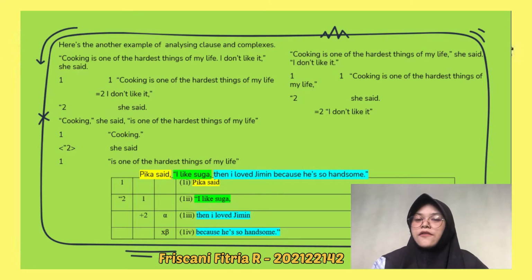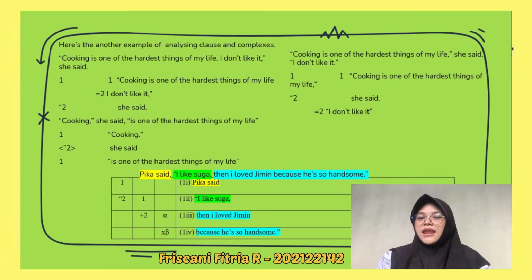Both of them appear at the beginning, so of course both of them have to be labeled as 1. And the next, "I don't like it," is connected to the first sentence. Then what is the reason for "I don't like it"? The answer is "cooking is one of the hardest things of my life."